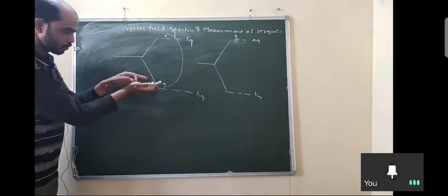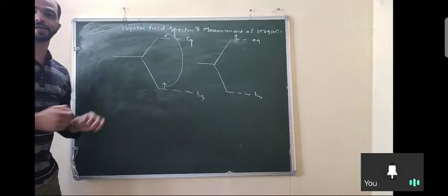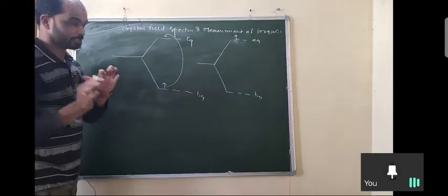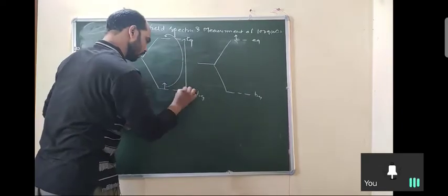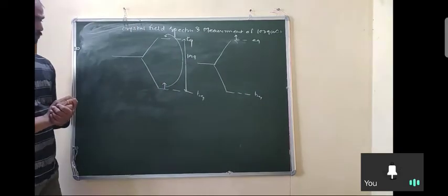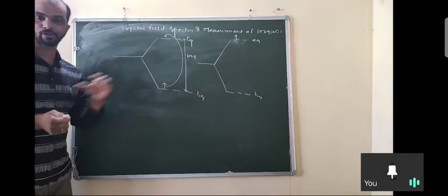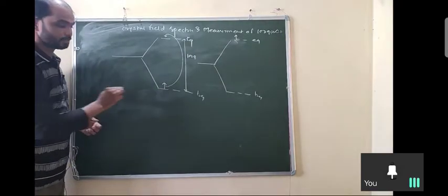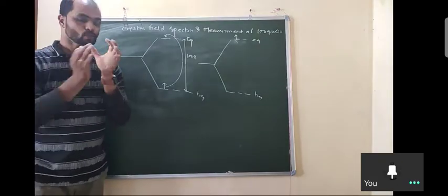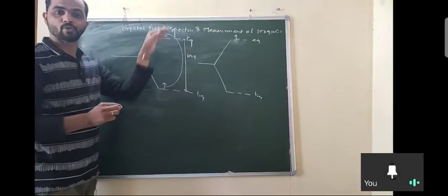To make an electron jump from a lower energy orbital to a higher energy orbital, there is a need for energy, and you already know this total is considered as 10 Dq. Depending on the metal ion and the availability of electrons, how many electrons are here, that will decide how much energy is required to promote an electron from the ground level to the excited level.